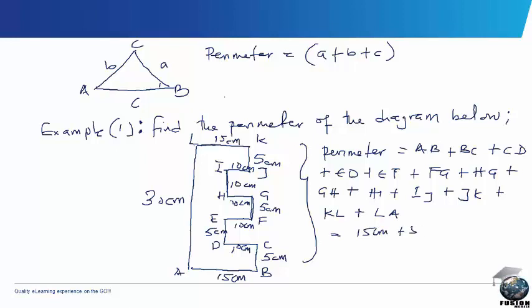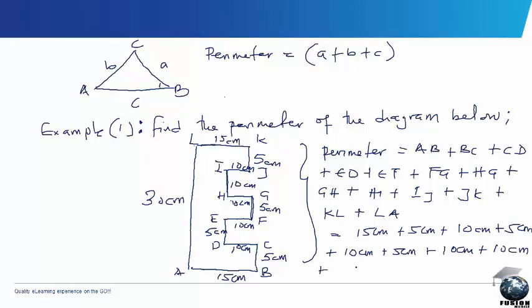You find out that AB is 15 cm, BC is 5 cm, DC is 10 cm, AD is 5 cm, and then EF is 10 cm, FG is 5 cm, HG is 10 cm, and then GH is 10 cm too.